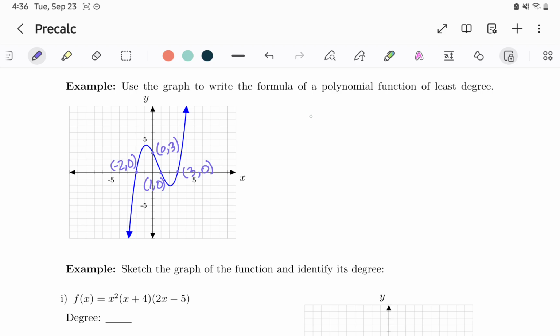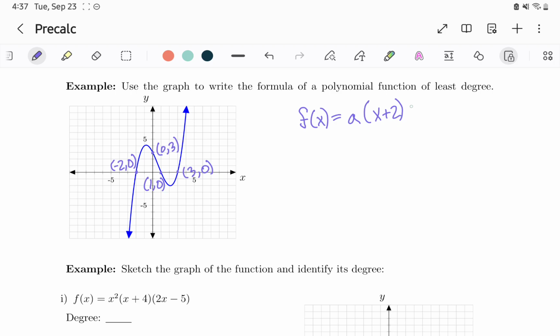Okay, and so putting all of our ingredients together, let's go ahead and write f of x equals a, our leading coefficient. We're going to have to figure that out. And then for our first factor, the 0 at -2 is going to correspond to a factor of x plus 2. And since we said the multiplicity is 1, we just have one factor of x plus 2.